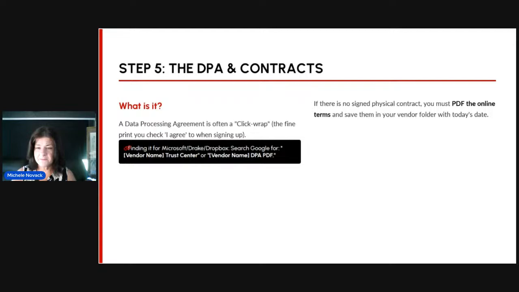Okay. Grab the online fine print, download it, and the most important thing you need to do with something like that, because it doesn't capture electronic signature or time stamping, is you should print it off, stamp it with today's date, and save it into the file. You can print off the very first page and include it with all the other pages.